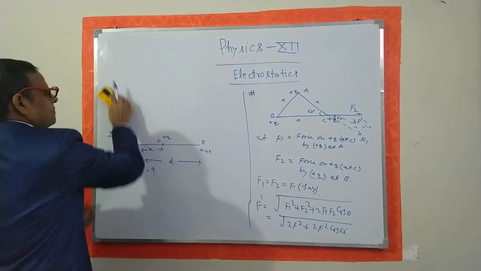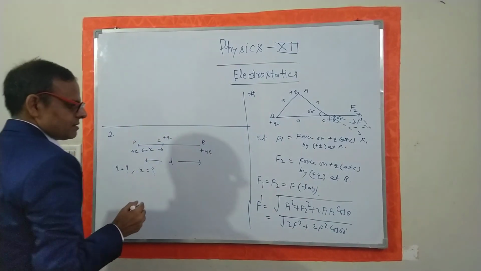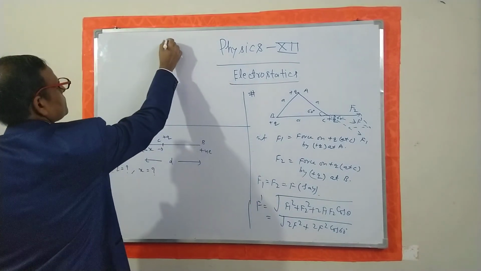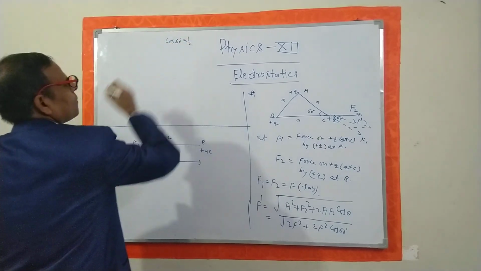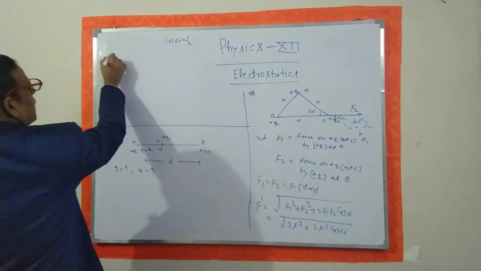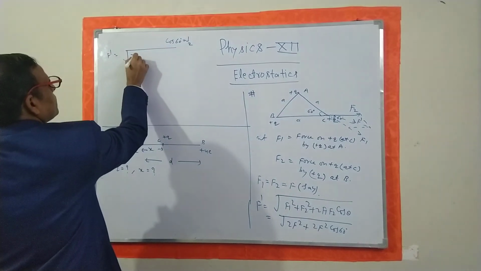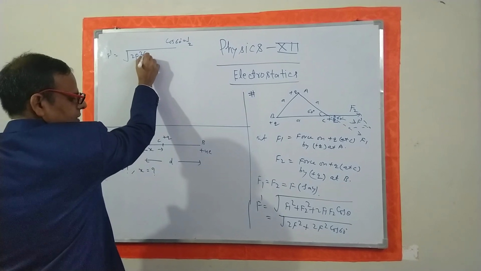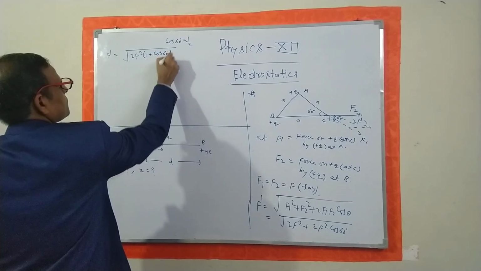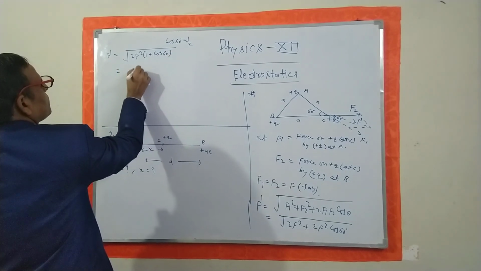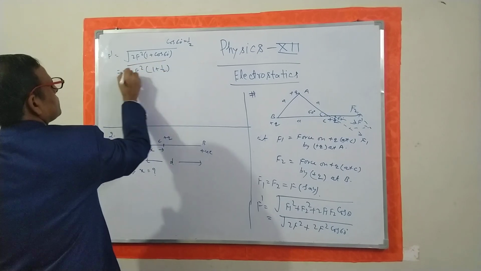Now cos 60 degree means 1 by 2. Cos 60 degree is equal to 1 by 2. So F dash is equal to, take common 2F square, it will be 1 plus cos 60 degree, and 2F square into 1 plus 1 by 2.